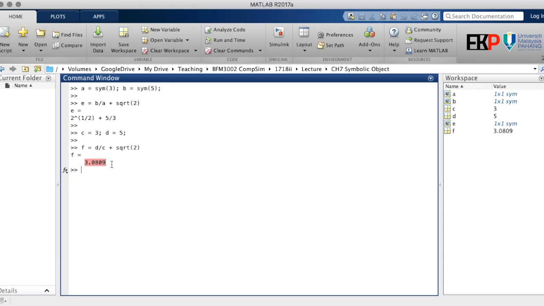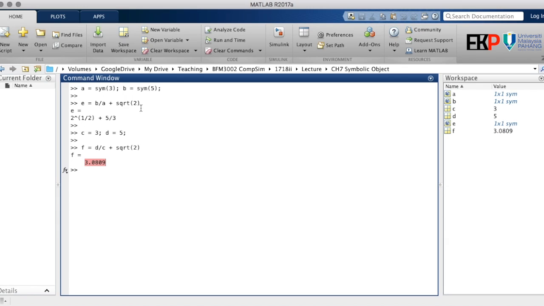This is not an exact value. This is an approximated value because this expression does not contain any symbolic object. It contains C that is equal to 3, D is equal to 5, and square root of 2 is also a numerical value. So MATLAB will generate a numerical value as an answer.